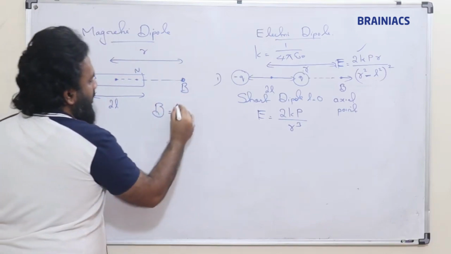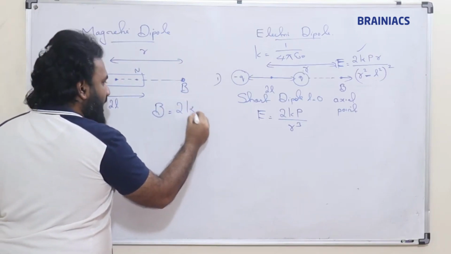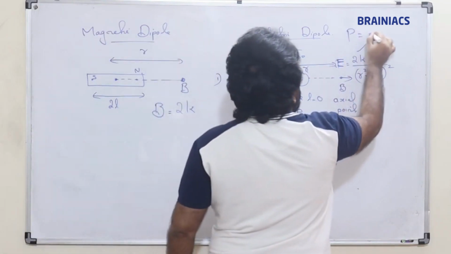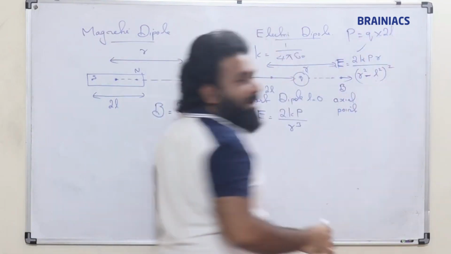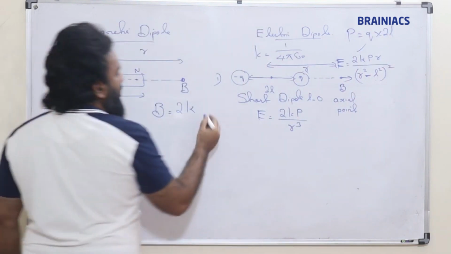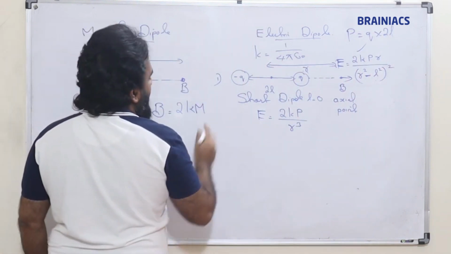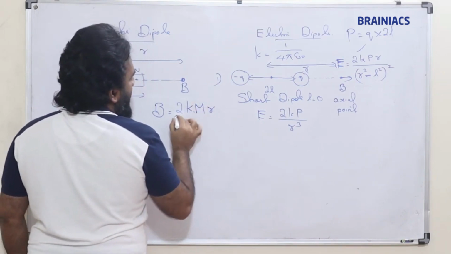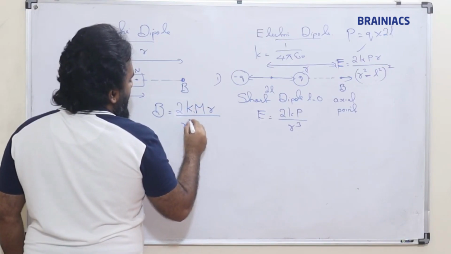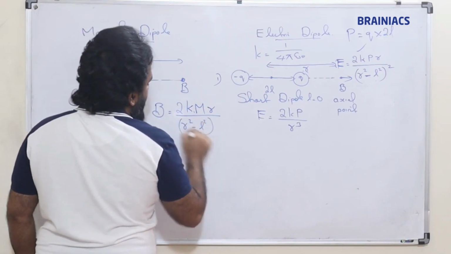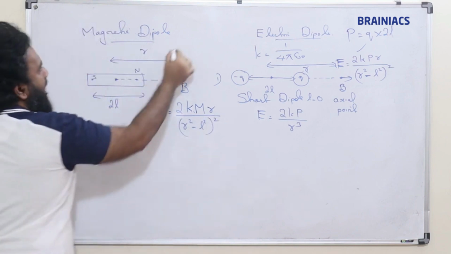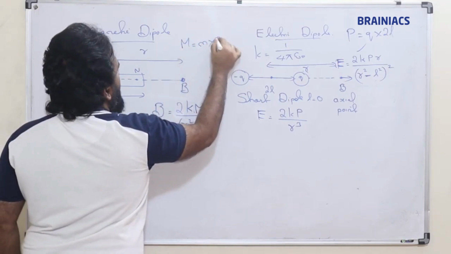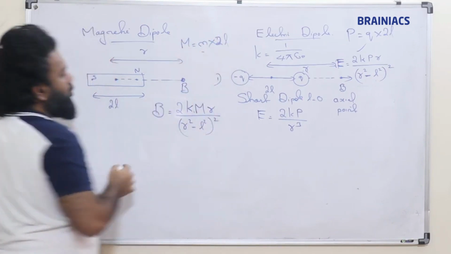B is equal to what? 2, again K, instead of P, which was Q into 2L, electric dipole moment, now we will keep magnetic dipole moment M into R divided by R square minus L square, the whole square, and M is going to be pole strength into 2L.